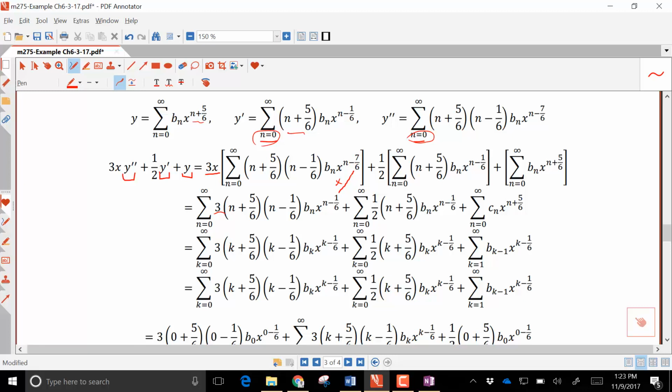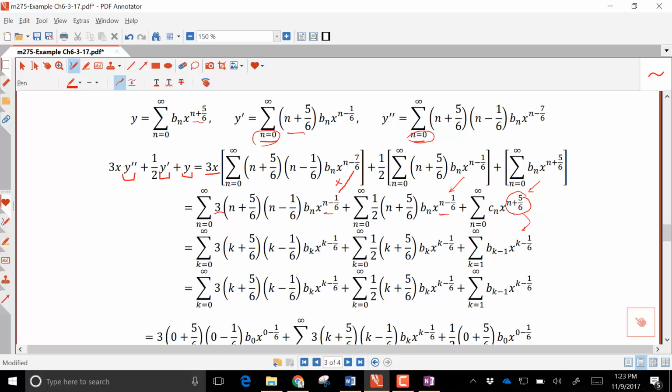So we add 1 to the power, we get x to the n minus 1/6. Here we have a 1/2, but the power of x doesn't change, and the last one doesn't change either. Now we have a choice on what we want to line up our x's to be the same power. There's n minus 6 for 2 of them, so I'm deciding to use n minus 6 over here, which means I want to change this power.